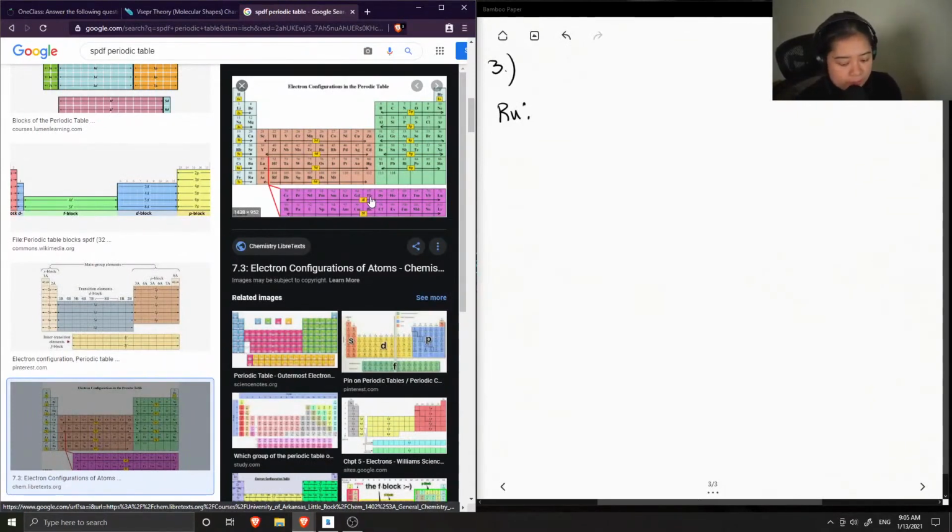Okay, so let me write out an example. For rubidium, rubidium is found here, atomic number 37.